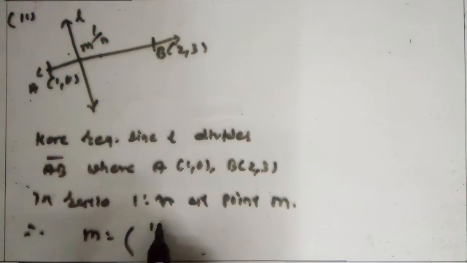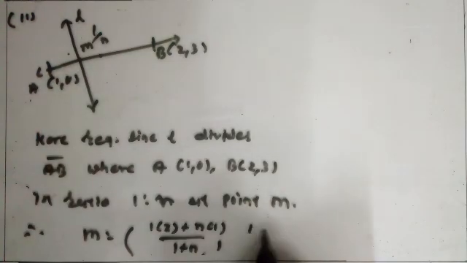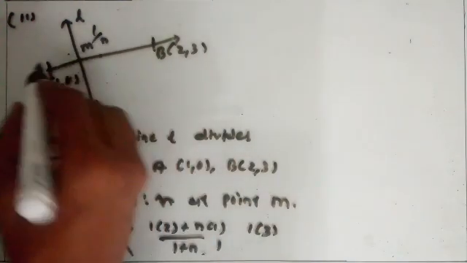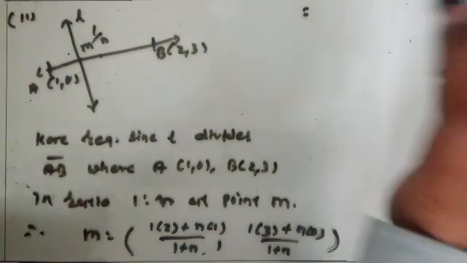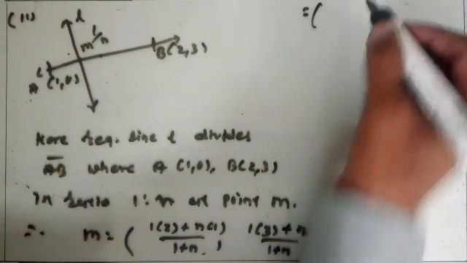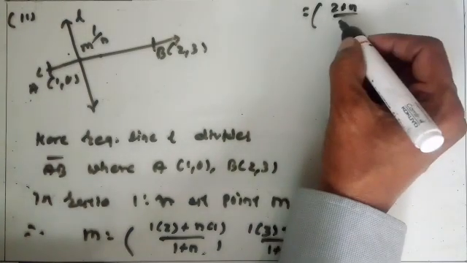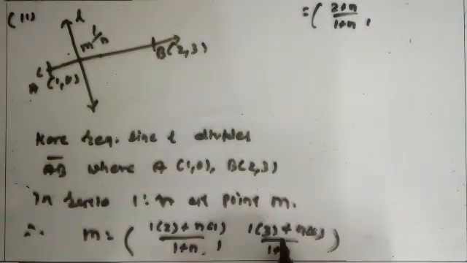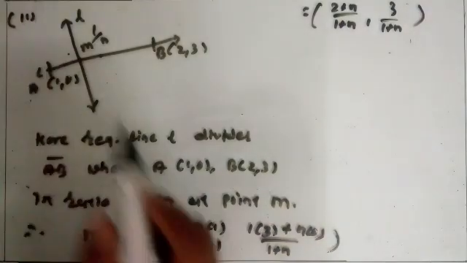Similarly, the y coordinate is (1 into 3 plus n into 0) upon (1 plus n). So it is equal to (2 + n) upon (1 + n) and 3 upon (1 + n). Clear?